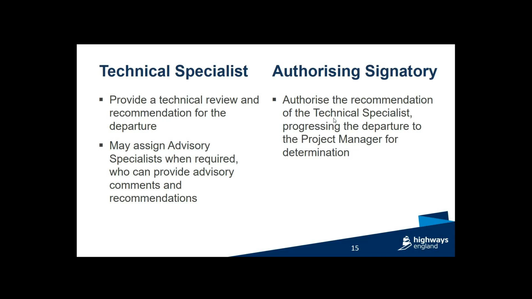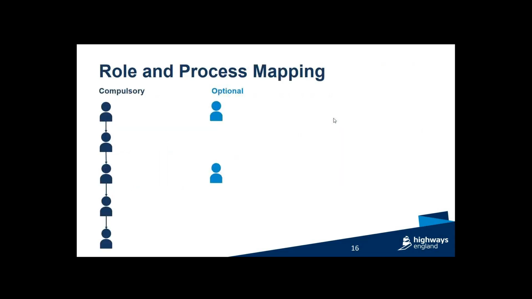And then the authorizing signatory. Previously, these were called the authorizing officer in structures, and they are responsible for authorizing the recommendation from the specialist and pushing that through to the project manager, who then determines the departure. So if we look on a timeline, we have a compulsory role, which is the proposer. They can submit the application to the project manager.